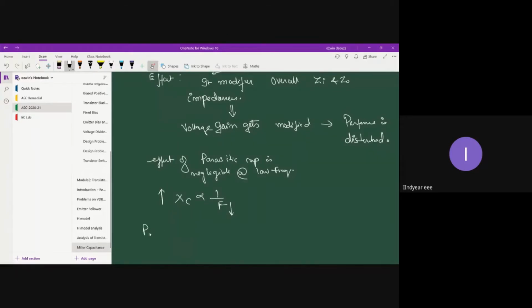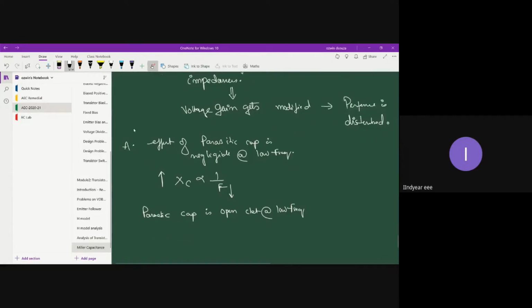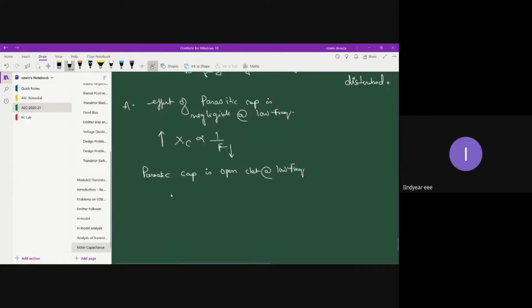So your parasitic capacitance is an open circuit at low frequencies. So your parasitic capacitances can be regarded as an open circuit element at low frequency.